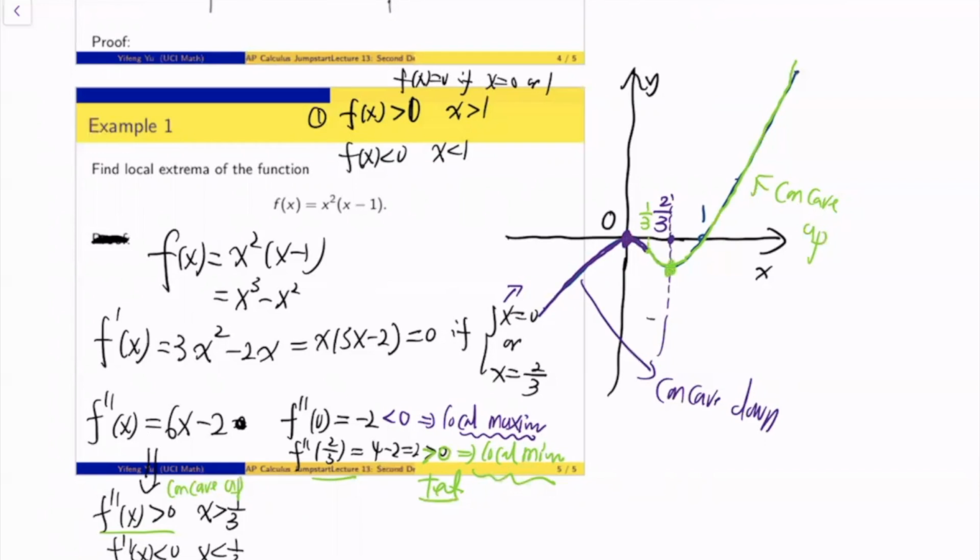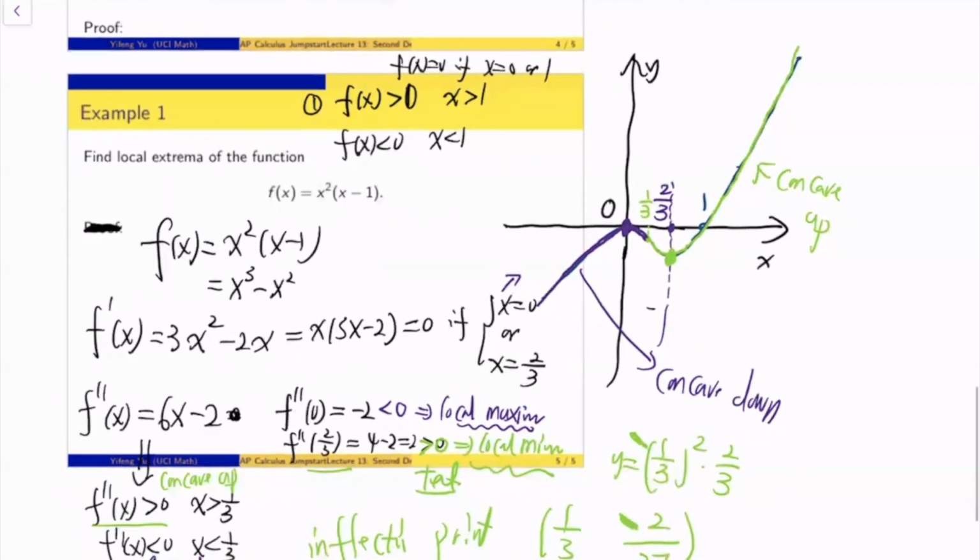The inflection point is at x equals 1/3, and then y equals 1/3 squared times (1/3 minus 1), which is 1/9 times -2/3. So y is negative, -2/27, and this is the point of inflection.